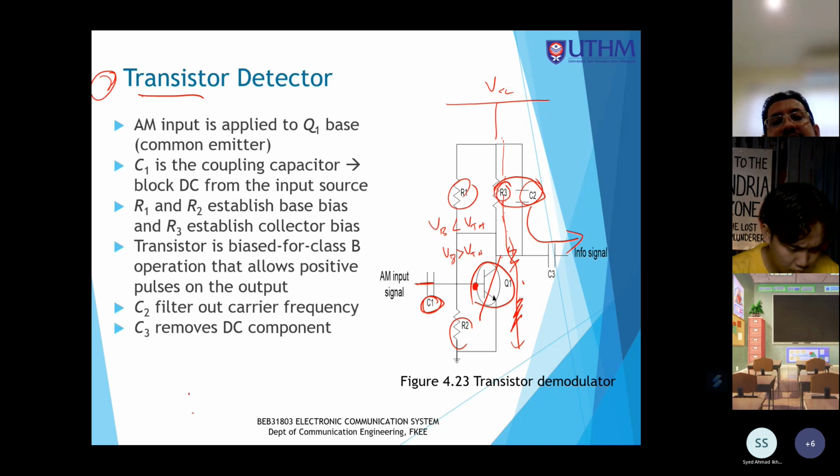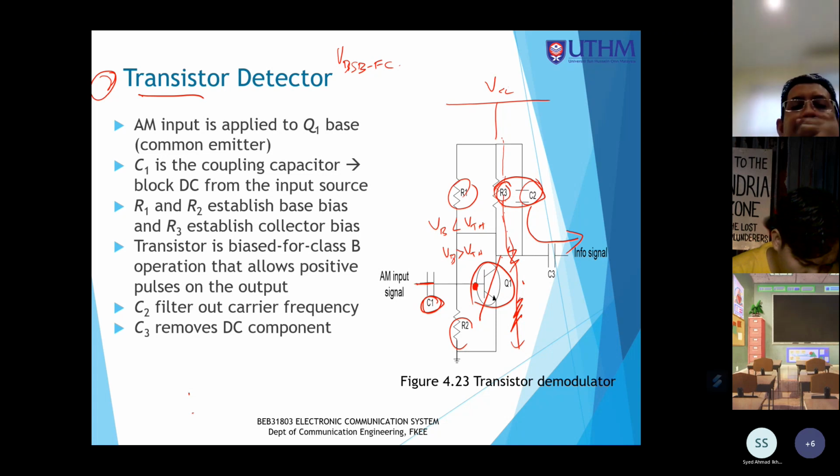Okay, so sehingga slide ini, kita dua tadi, diode detector dan juga transistor detector digunakan untuk proses demodulation of double sideband full carrier. Okay, so untuk double sideband full carrier, kita nak demodulate signal ini, kita menggunakan diode detector dan juga transistor detector.